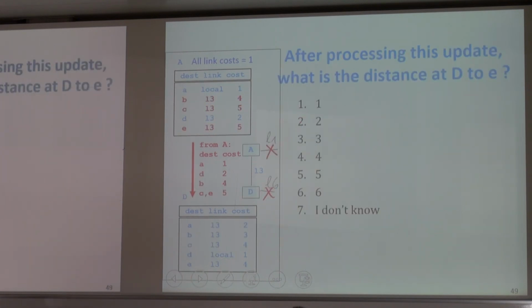If we continue this game, what do you think will happen? So, for example, if D is in this state, blue, and receives the red update, what will the distance to E be after this update?